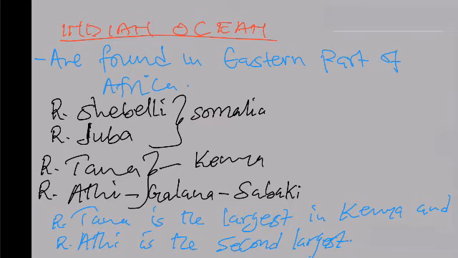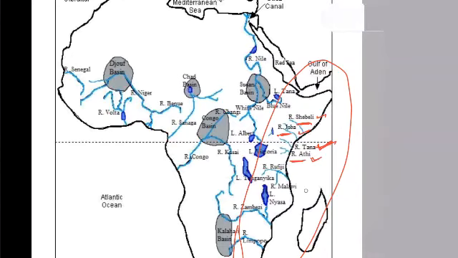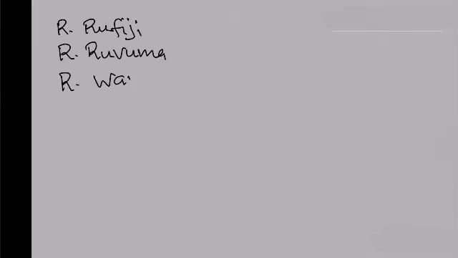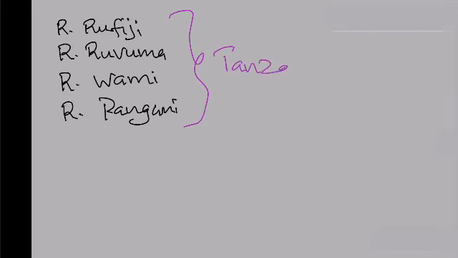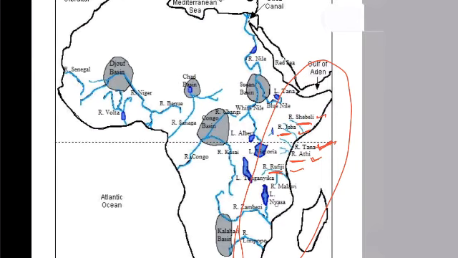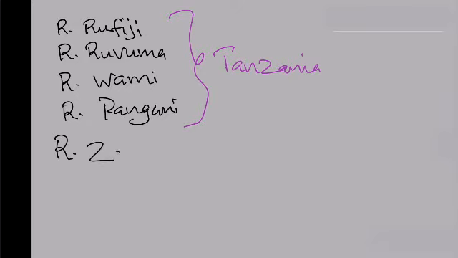So after that, we move down and then we reach Tanzania, where we also have a number of rivers. We have River Rufiji, River Ruvuma, River Wami, and River Pangani. Now, all those four rivers are found in Tanzania, and of course, because of that, they all drain their water into the Indian Ocean. So next we have River Zambezi, and as the name suggests, River Zambezi is found in Zambia.